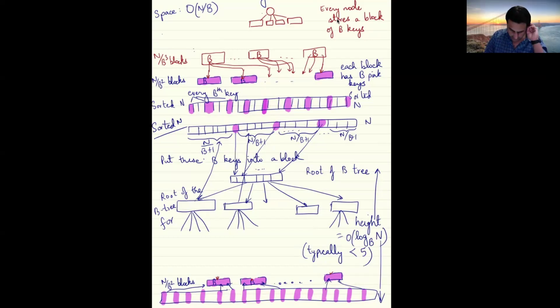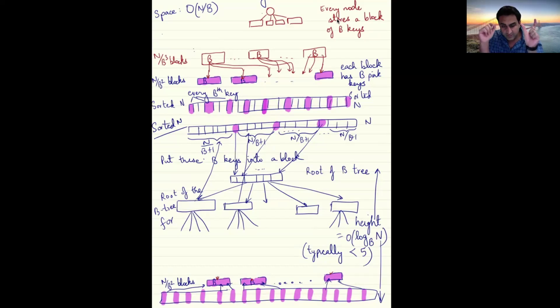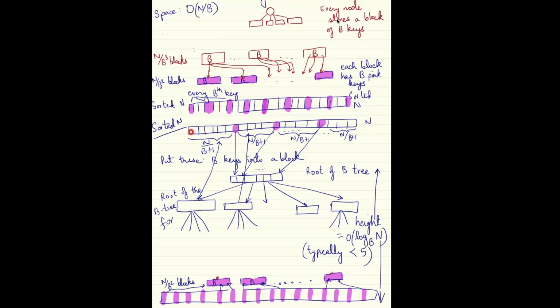So a block by definition is a chunk of size B. My entire data is size n, right? Okay, so I think we're just mixing up the terminologies. When we say dividing into blocks, I think we mean dividing into subarrays.